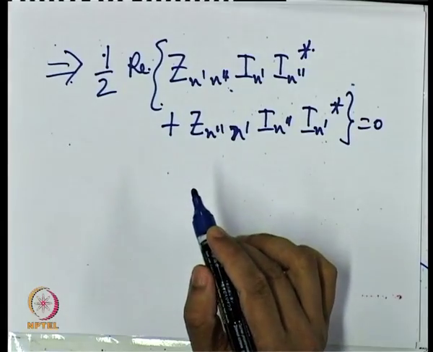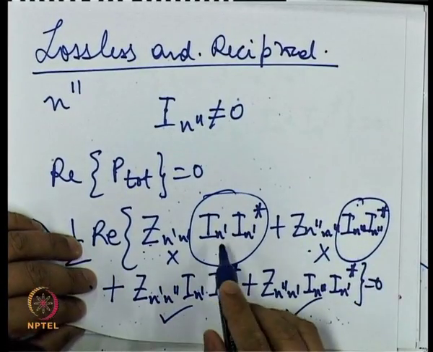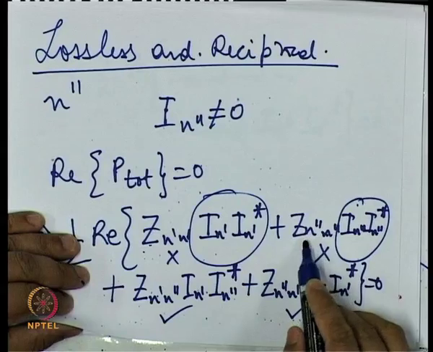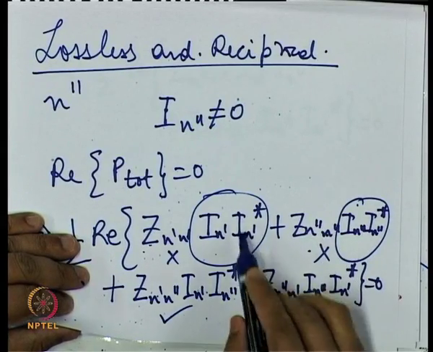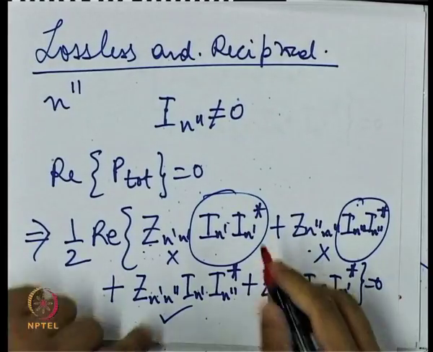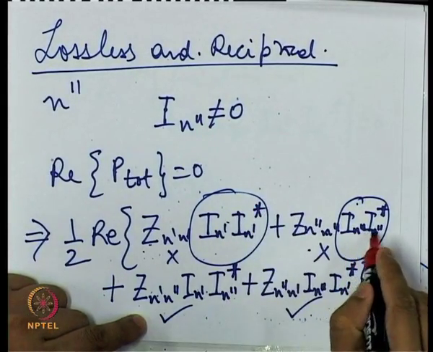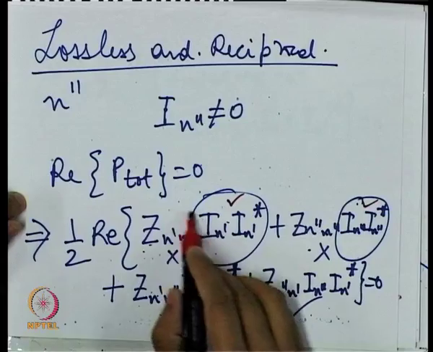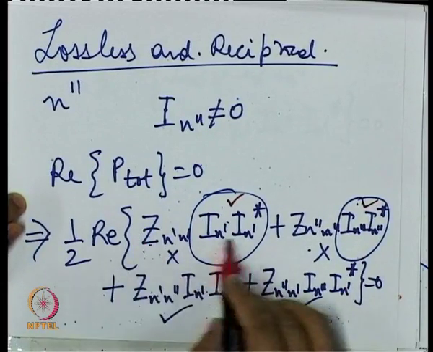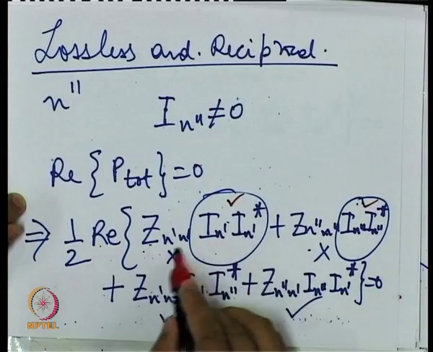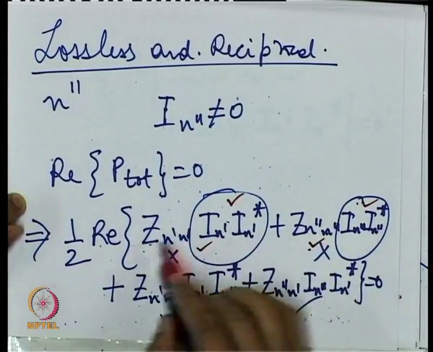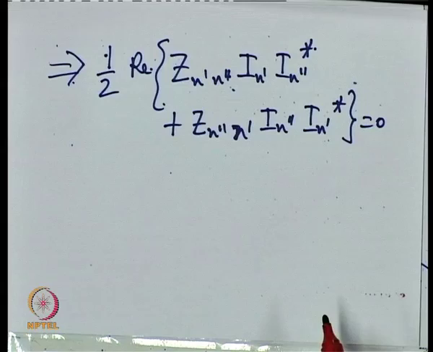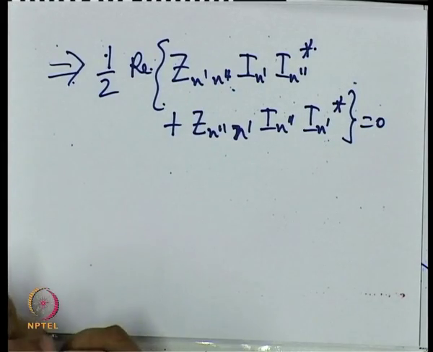This we could do, because if we go back to our expression for this, we saw that z n dash is purely imaginary, so is z n double dash, and these two terms, I n dash conjugate and I n double dash conjugate, are purely real. So then this whole term is purely imaginary, hence the real part of the sum of these two terms, that is this term and this term, will be 0, and only this term and this term will be remaining. So that is what we have kept here, only the remaining two terms.